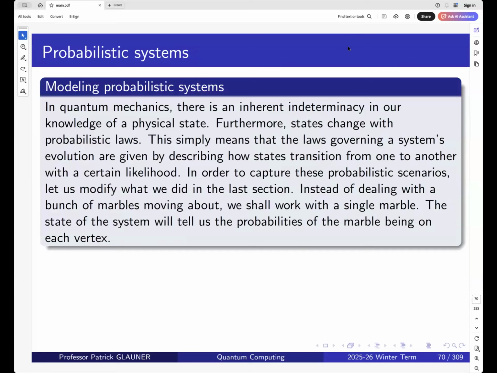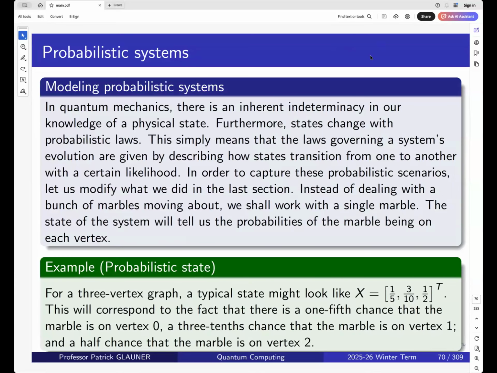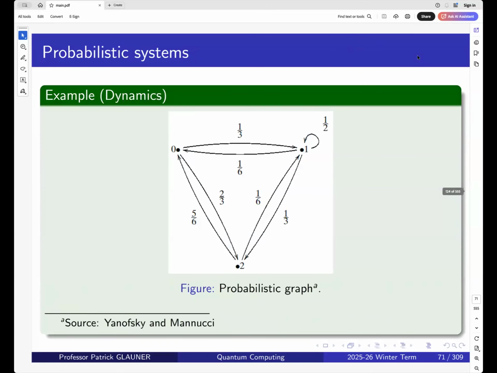Then we moved on to more complex systems, probabilistic systems, for which we said we only have one marble, and there are certain probabilities where we find that one marble in various positions, and eventually we store probabilities in our vector, and the entries in the vector must add up to 1.